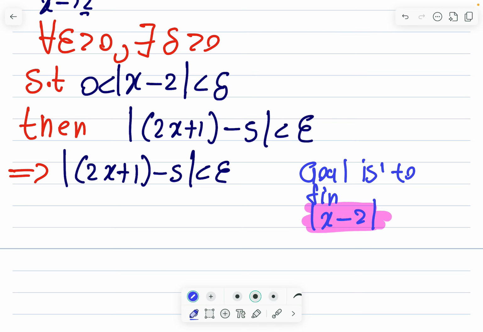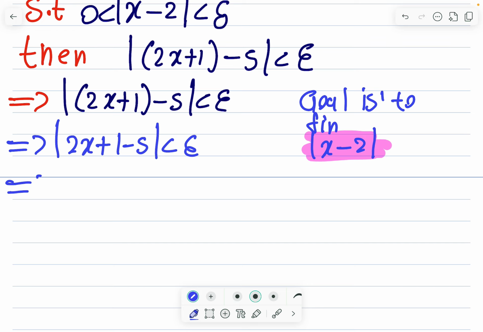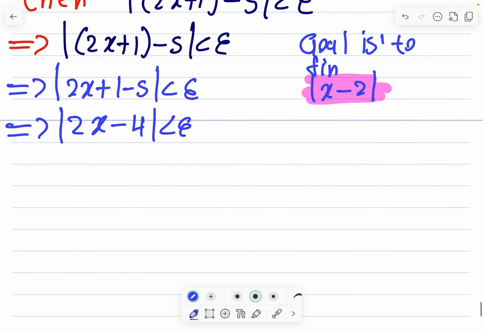So let's find that. This implies that the absolute value of 2x plus 1 minus 5 is less than epsilon, and this implies that 1 minus 5, which is negative 4, gives the absolute value of 2x minus 4 is less than epsilon. Understand?